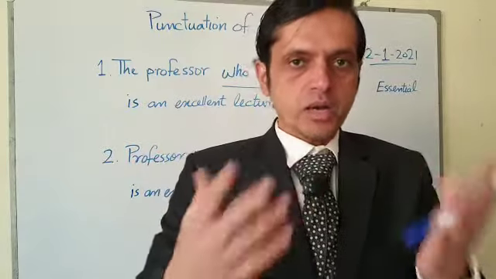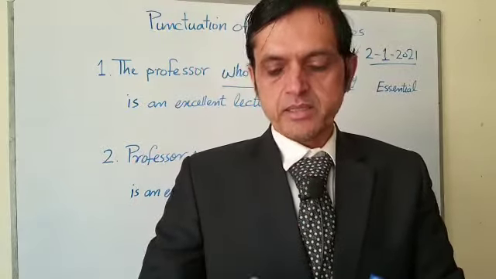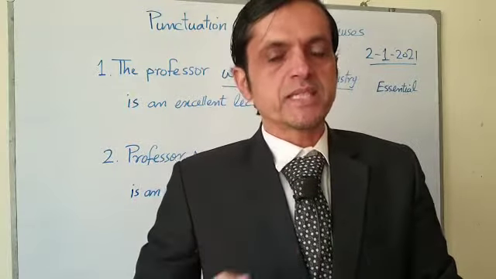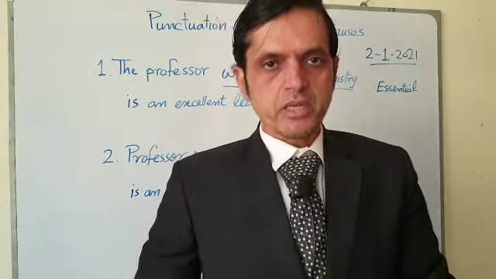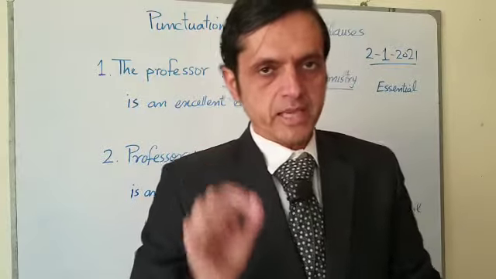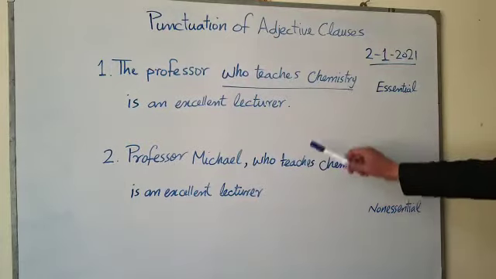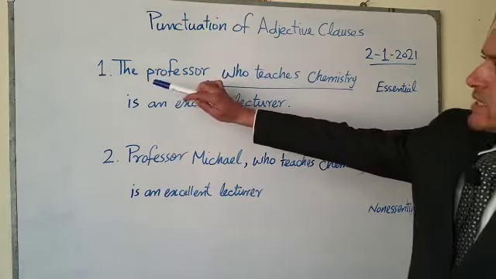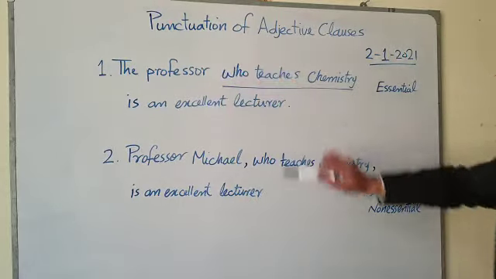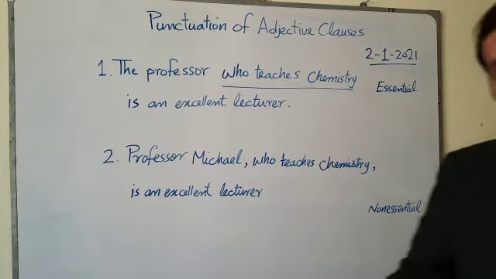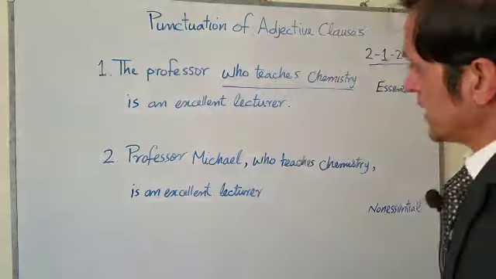And number 2, as I said, Professor Michael who teaches chemistry is an excellent lecturer, is called a non-essential adjective clause. Now, how? I have given the title, Punctuation of Adjective Clauses. How to punctuate adjective clauses.